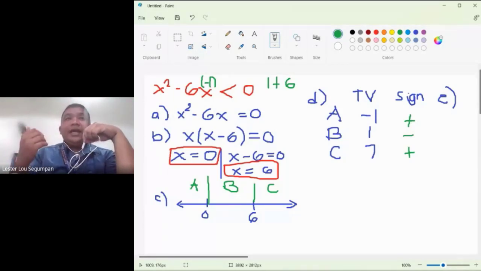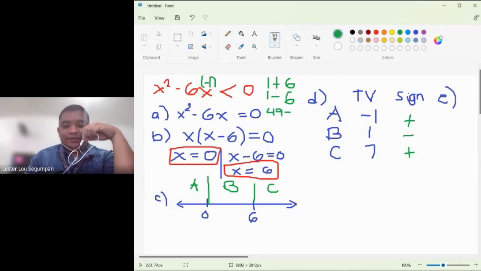You always need to understand the substitution of correct values. So for 1, 6 times 1, it is minus 6. So negative. For 7, 49 minus 7 times 6, 42. So is it really plus? Again, I already gave you this hint last time.